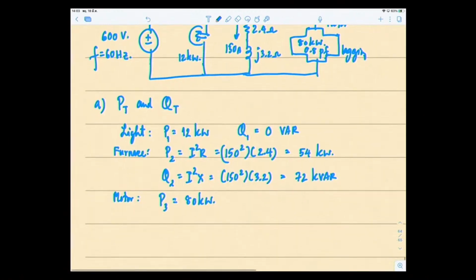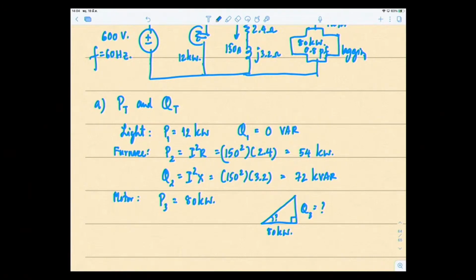So for this motor, if you apply the power triangle, the adjacent leg is 80 kW, and you need to find this one, Q. To be able to find this, you need to know this angle. So where do we know it from? We know it, of course, from the formula for the power factor.